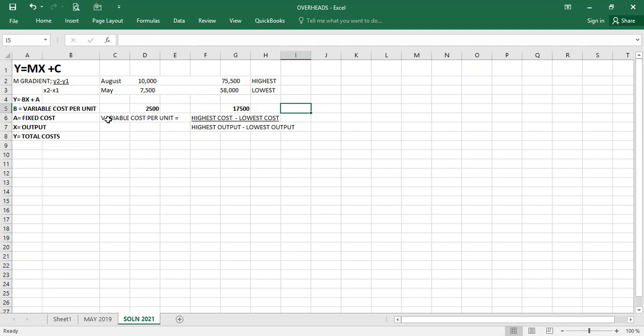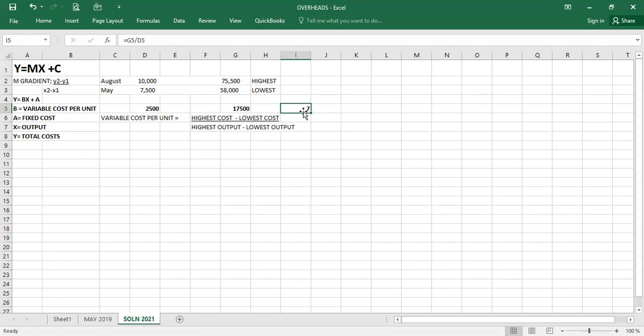So to get our variable cost per unit will be equal to this one divided by this. Then it will give us 7 shillings.